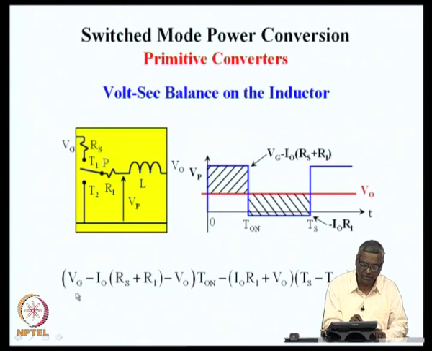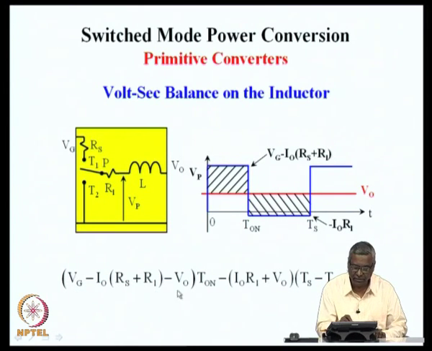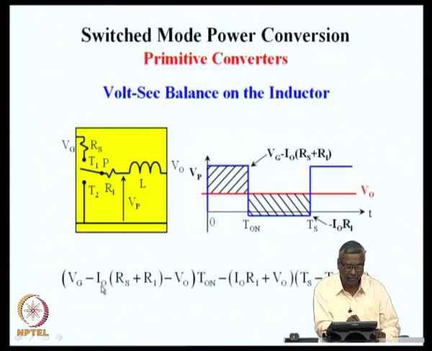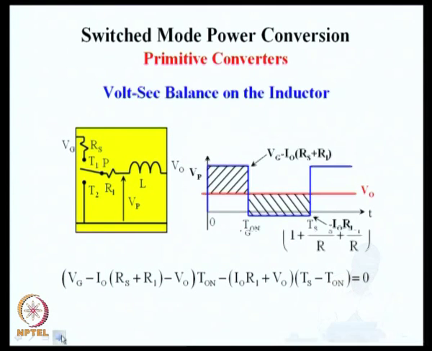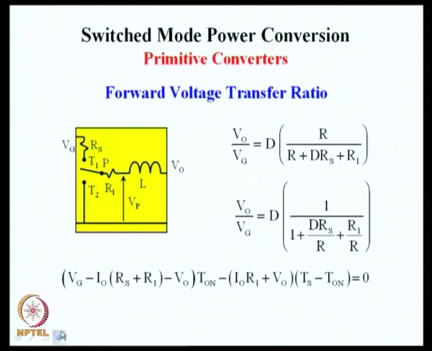So we notice that the voltage across the inductor during on time has a non-ideality of minus I naught into Rs plus RL, and during the freewheeling time has a non-ideality of I naught into RL. If we combine these things and apply volt-second balance, with the average voltage across the inductor being 0, V naught by Vg now has the ideal ratio D multiplied by a correction factor.